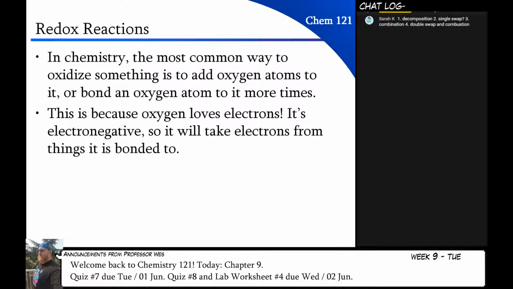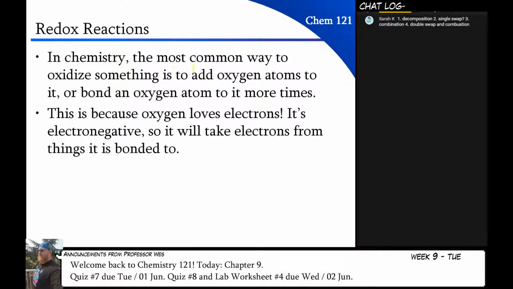The reason we're going to do this is because in biochemistry, most of your reactions are going to be dealing with organic compounds. And the easiest way to oxidize something is to oxygenate it, right? That's where the word oxidize comes from. Add oxygens.